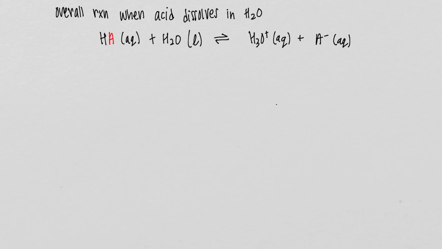So typically, I was going to do another color. Typically when you have a dissociation of acid in water, this is what the reaction is going to look like. So let's talk about the different parts of the reaction real quick. We have 1, 2, 3, 4.